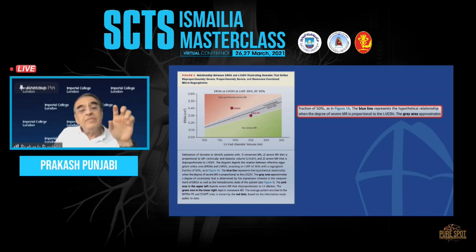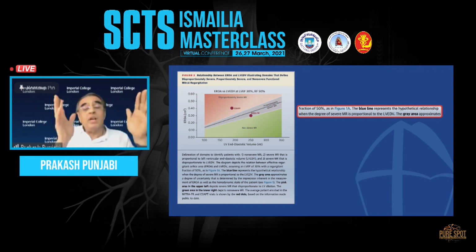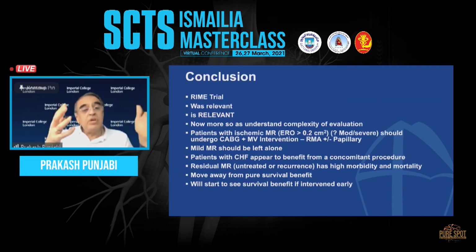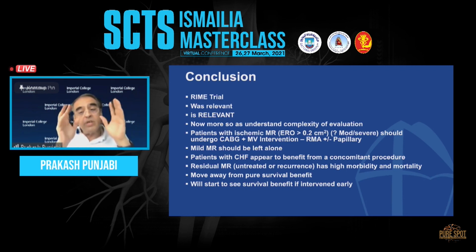And if you see, in both it is severe MR, but in patients with a very dilated ventricle, COAPT has better results as compared to not. And the ERO makes the critical difference: if you cross the ERO of 0.2, then you will have a better outcome as compared to not. So the trial was relevant, is relevant, now more so as we understand the complexity of evaluation. Patients with ischemic MR, which is ERO more than 0.2.